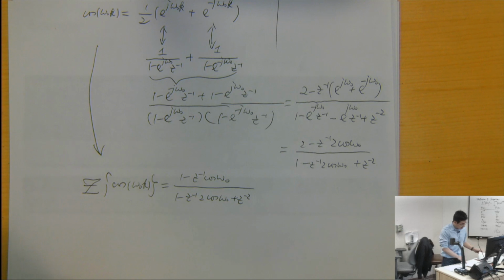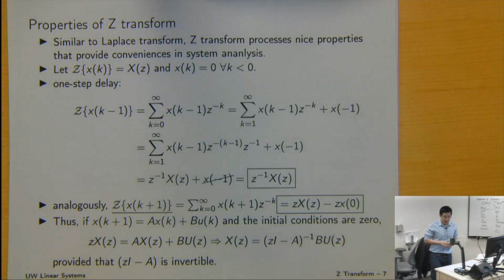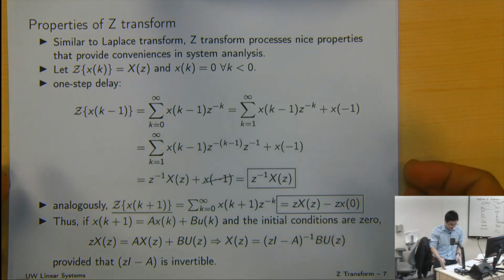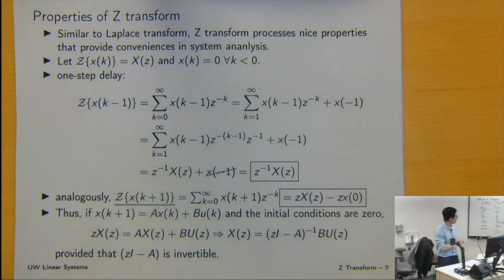So we talked about the Z transform being a linear operation. Similarly to the Laplace transform, it's going to possess very nice properties that will be convenient for system analysis. So we're going to talk about a few of them and then present a few more Z transform pairs that look like these.